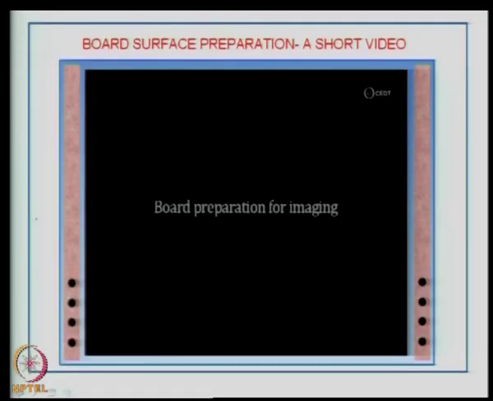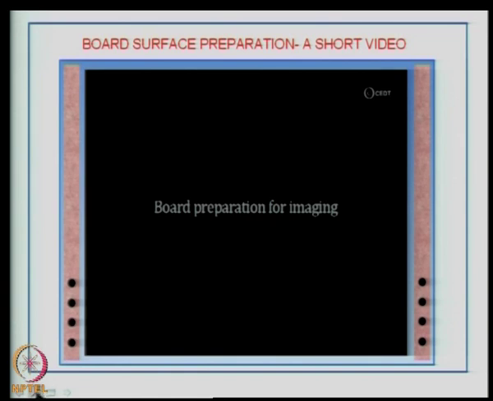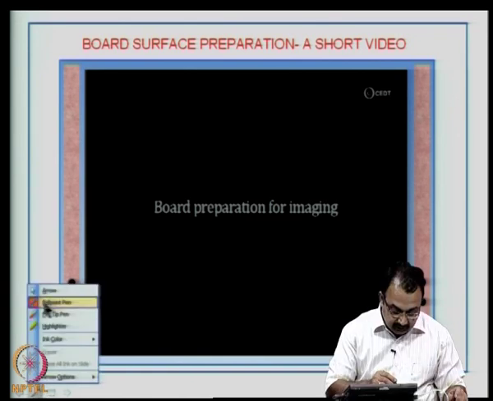During drying, you have to make sure that the water is totally removed, because drops of water can again affect the next manufacturing step. So, surface preparation is an important activity. So, we will now see a small video on the procedures which I have just described.